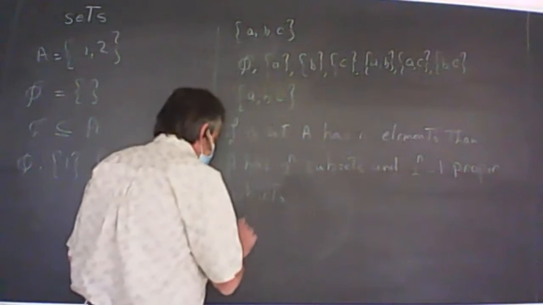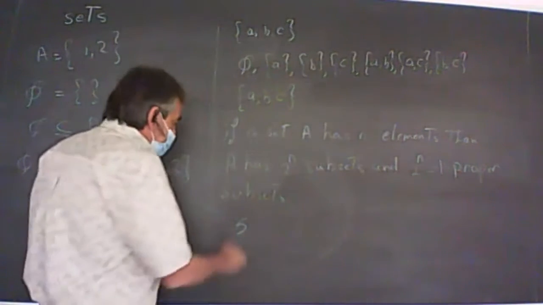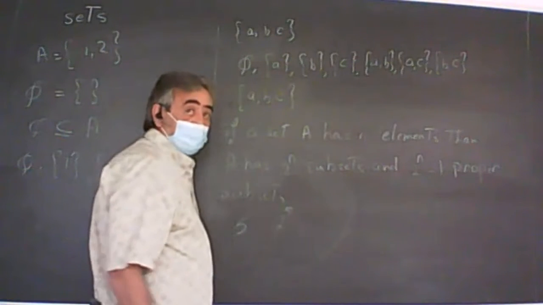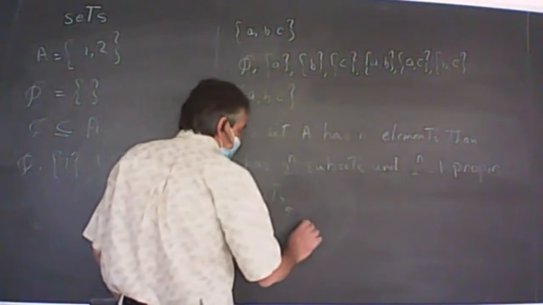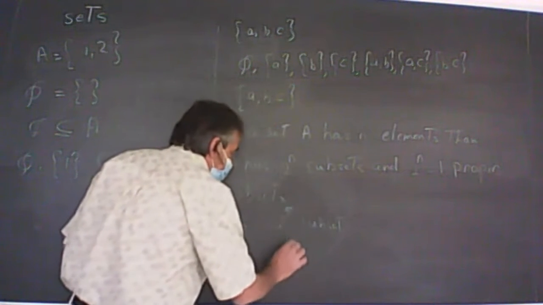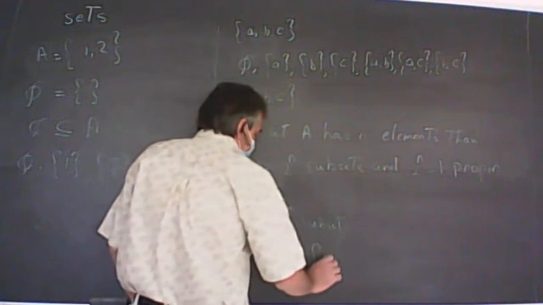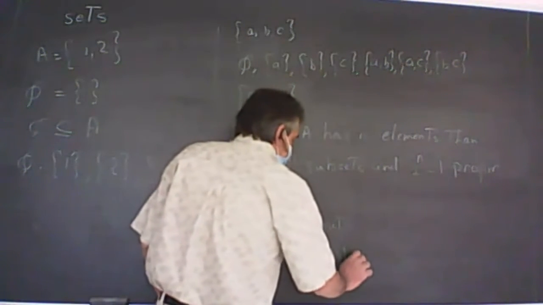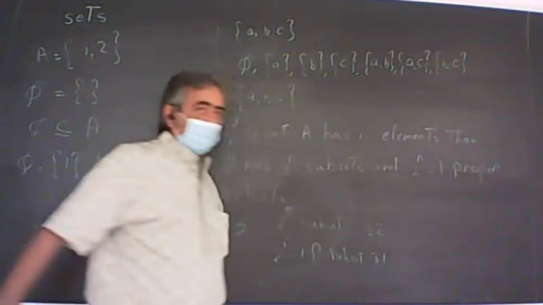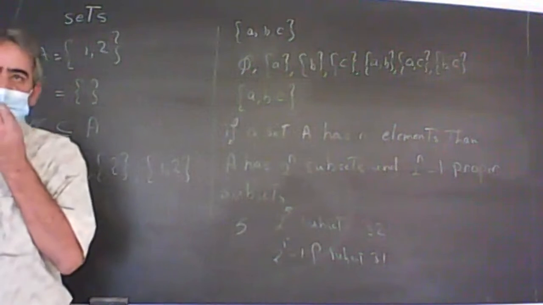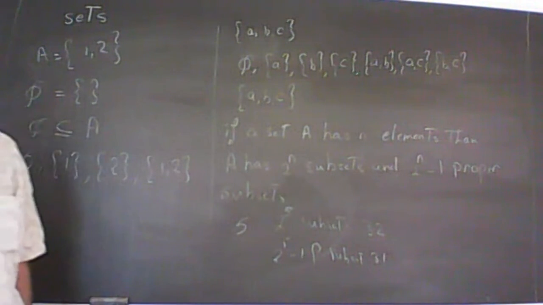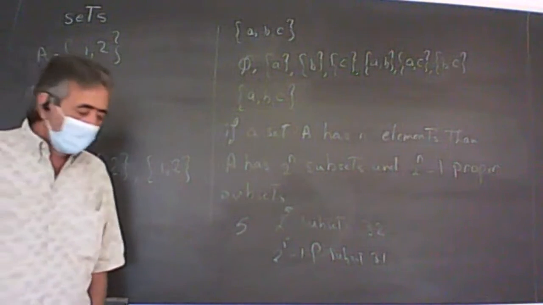If A has 5 elements, then it has 2 to the power 5 subsets and 2 to the power 5 minus 1 proper subsets. So here we get 32, here I get 31. The proper subsets are always one less than the subsets.